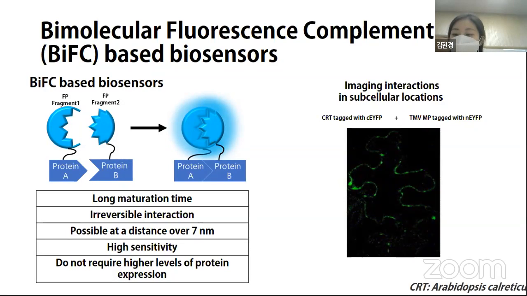The figure shows interactions between the movement protein of tobacco mosaic virus and CRT in tobacco leaves. CRT tagged with CEYFP and TMV MP tagged with NEYFP interact and localize to plasmodesmata. Using this method, these subcellular localizations can be detected.